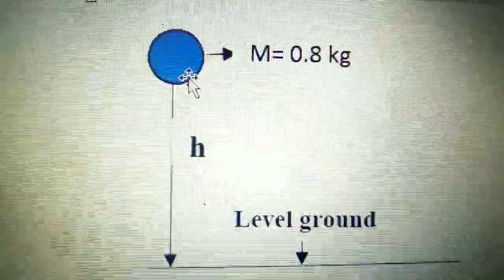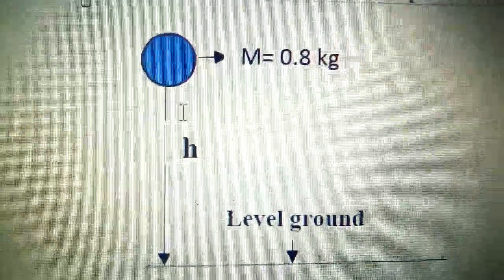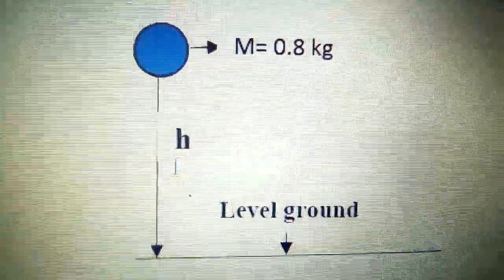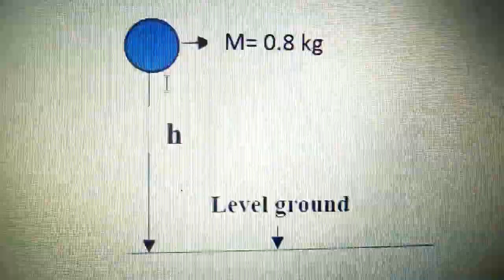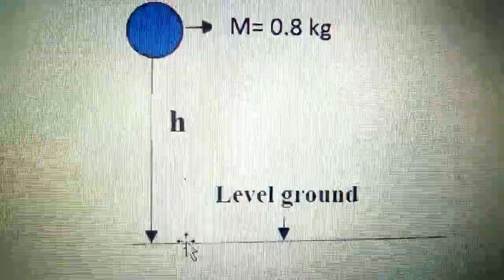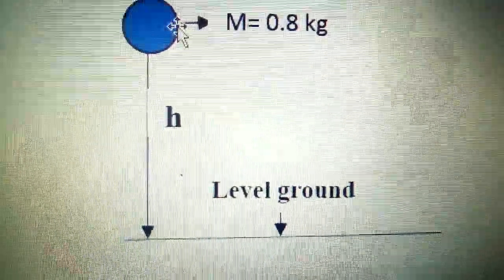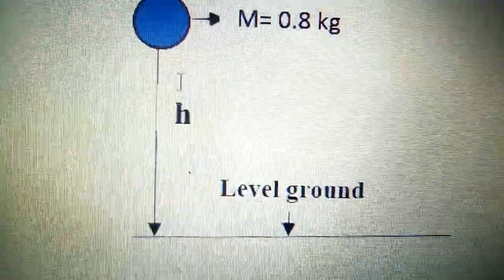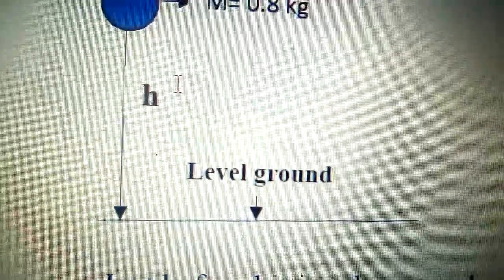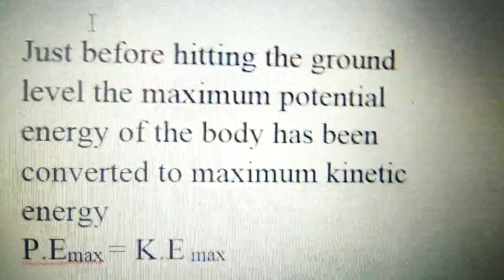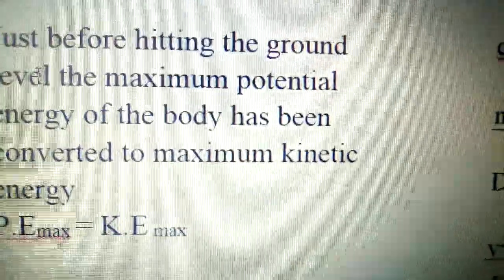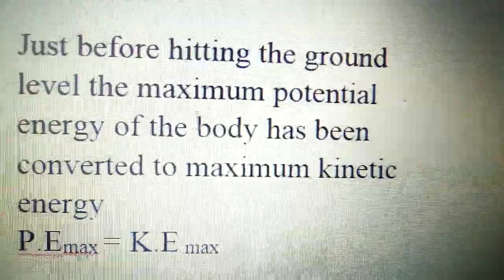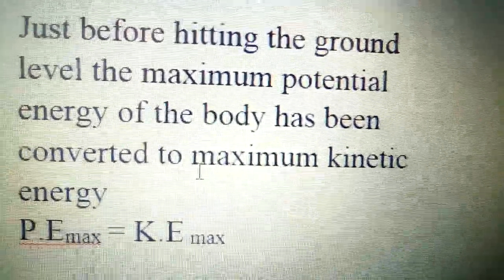But as it falls, its potential energy is being changed to kinetic energy, as well as potential because it's still at a height from ground level. When it's about to hit the ground, the potential energy is fully converted to kinetic energy, whereby potential energy becomes equal to the kinetic energy. So just before hitting the ground level, the maximum potential energy of the body has been converted to maximum kinetic energy.